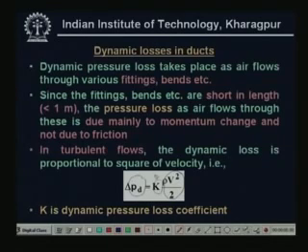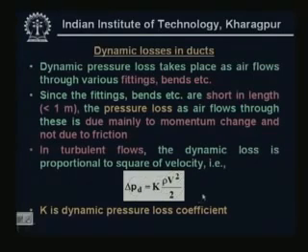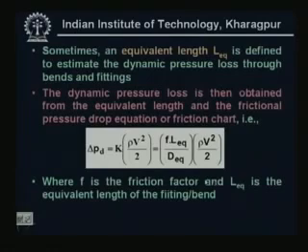So, if you know the dynamic pressure loss coefficient and the velocity pressure, then we can easily estimate the dynamic loss. Of course, the major task is to estimate the dynamic pressure loss coefficient. Once you estimate that, you can find out the dynamic loss. So, let us look at how to estimate the dynamic pressure loss coefficient for various types of bends and fittings.